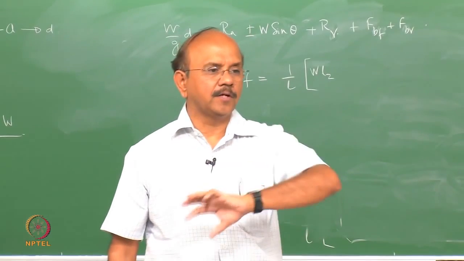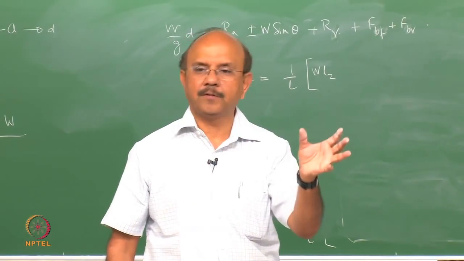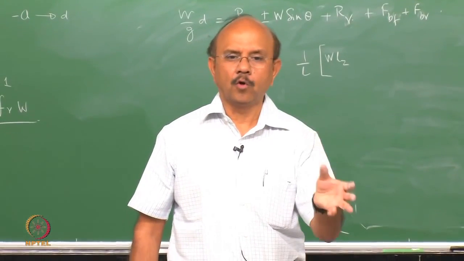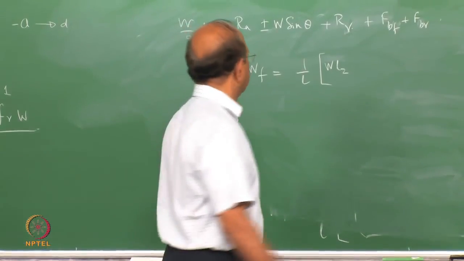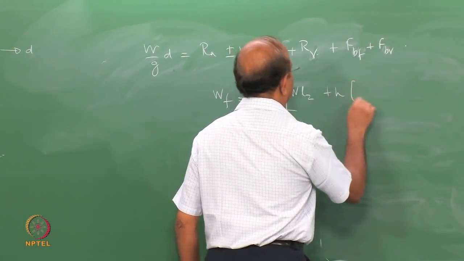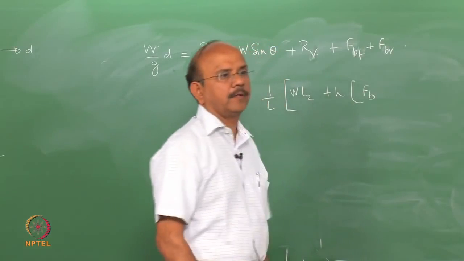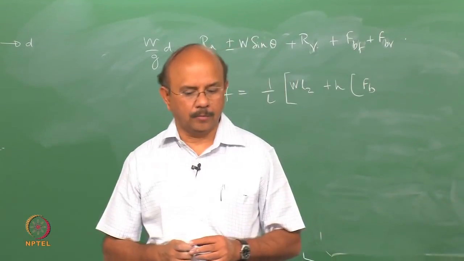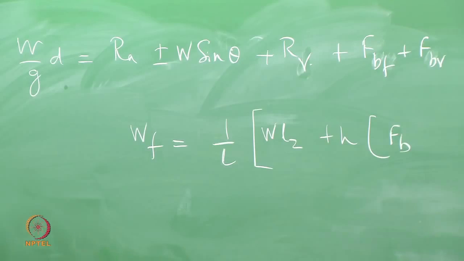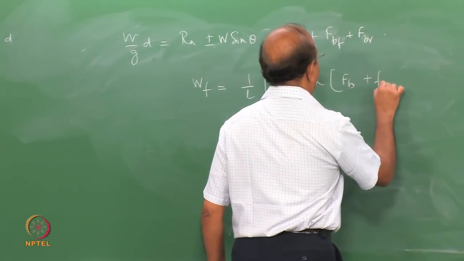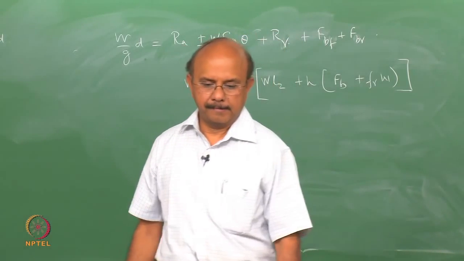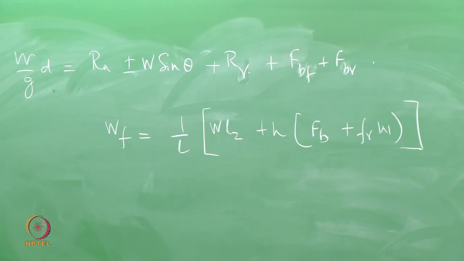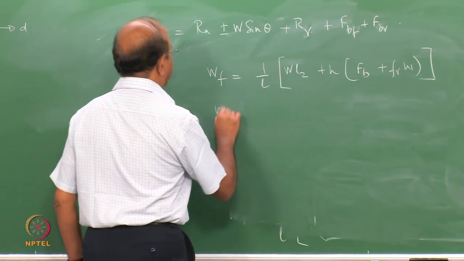It has to be plus because the force transfer will be such that there will be more load to the front when you decelerate. I'm putting FB as the total braking force, plus Fr into W. Once I write this, you can write Wr.